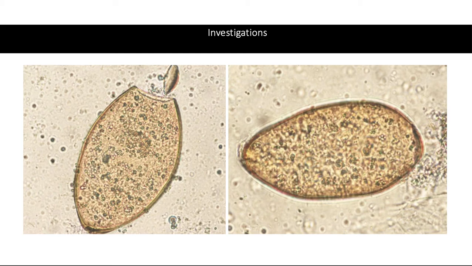The histopathology of the bronchial alveoli showed the presence of eosinophils and Charcot-Leyden crystals and multiple yellowish-brown operculated eggs measuring approximately 140 by 80 micrometers, pathognomonic for Fasciola. Fasciola is a common trematode infection found worldwide.